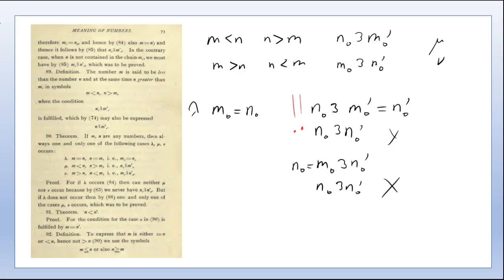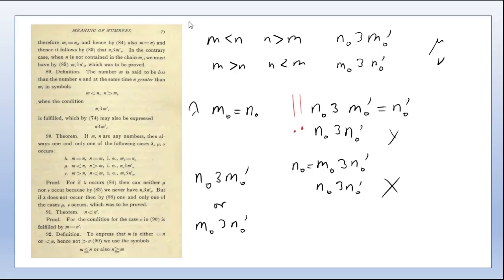If lambda does not occur, then by 88, in other words m and n are different numbers, then 88 says we've either got n naught is a part of m naught primed, or m naught is a part of n naught primed, but we can only have one or the other. We can't have both simultaneously. So that proves theorem 90.